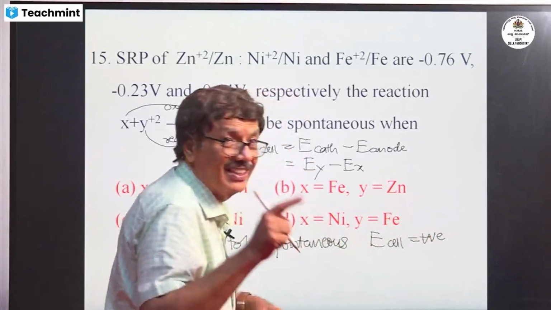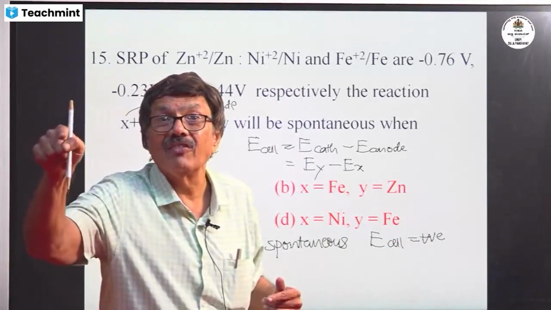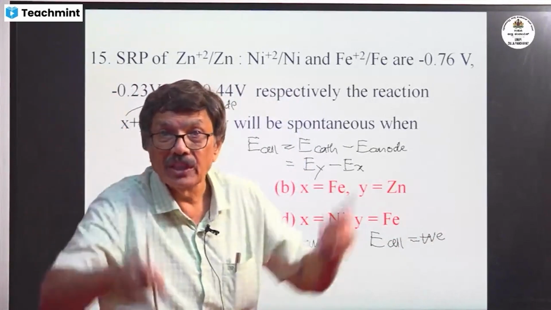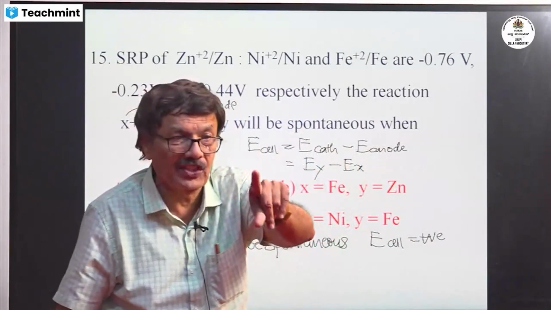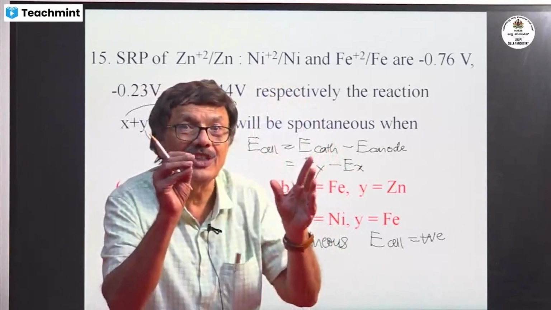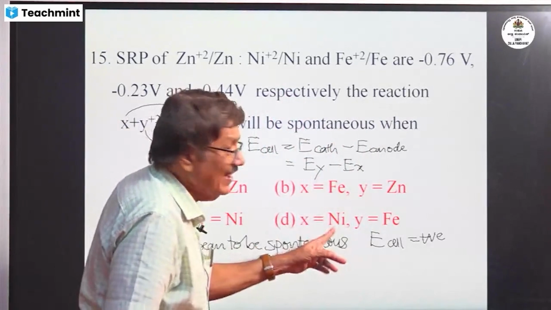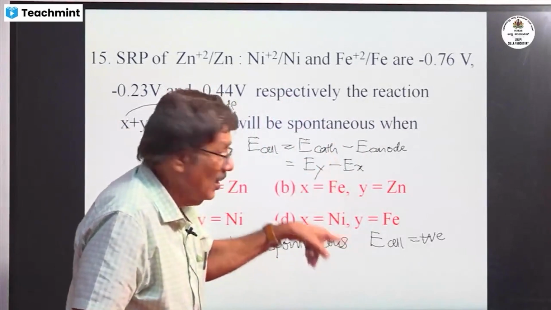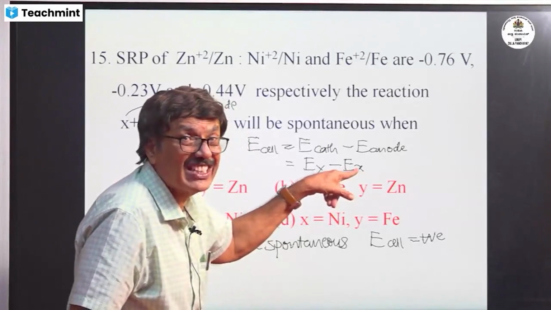Why? Because delta G naught is equal to minus nF E naught. When E cell is positive, then only the delta G will be negative. For a reaction to be spontaneous, delta G should be negative. For E cell to be positive, whatever you have to subtract should be the least value.